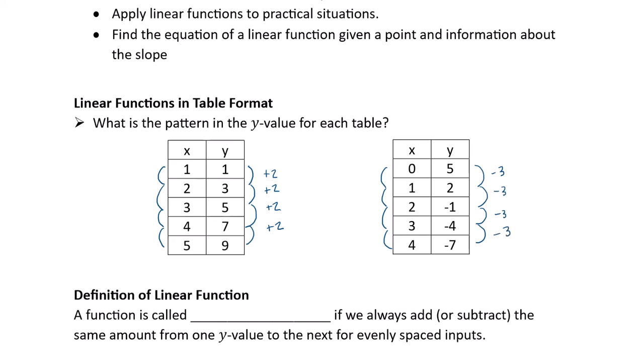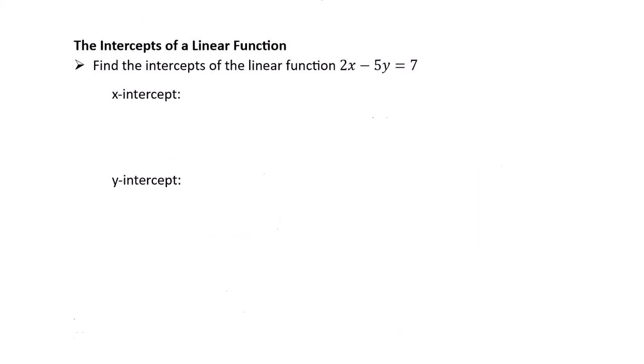So in this way we see that these are linear functions outlined in the table. A function is called linear if we always add or subtract the same amount from one y value to the next for evenly spaced inputs. Again, the key is that we have to have those evenly spaced inputs.